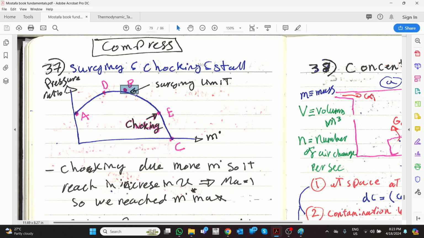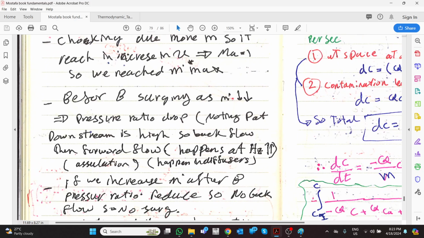So the flow will never go forward, and reverse flow will happen back to the compressor. Then it pushes again, and it will not be a steady run.